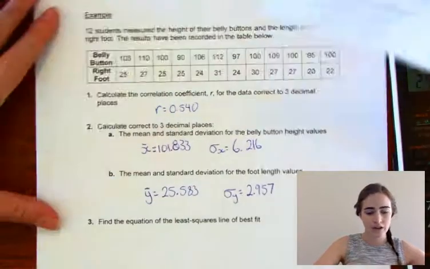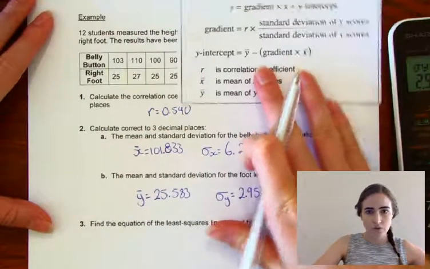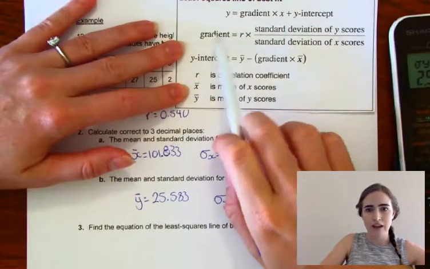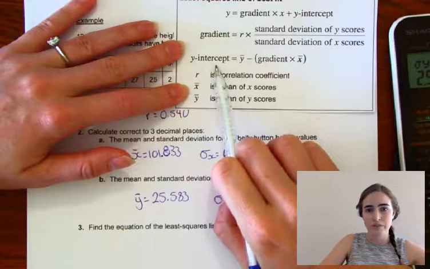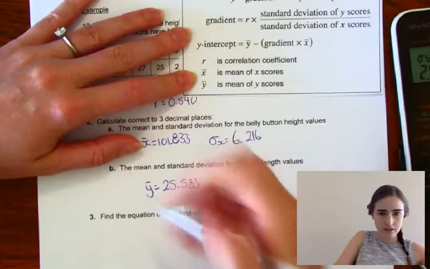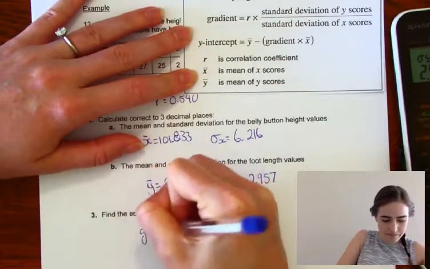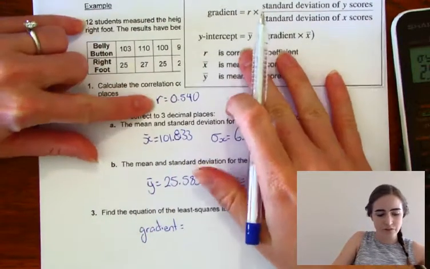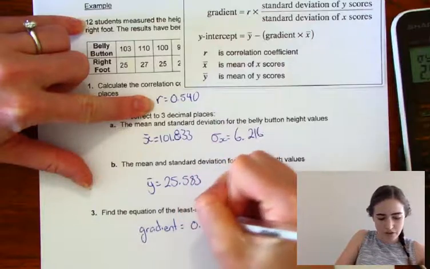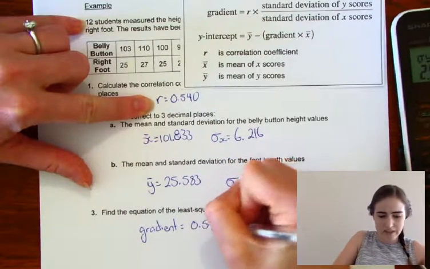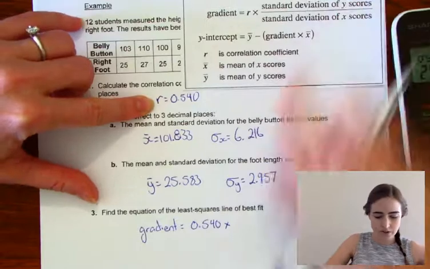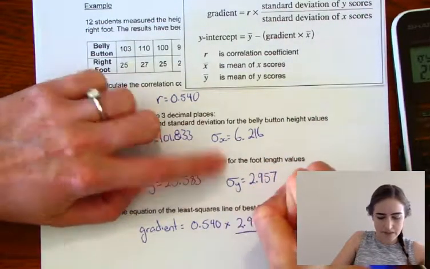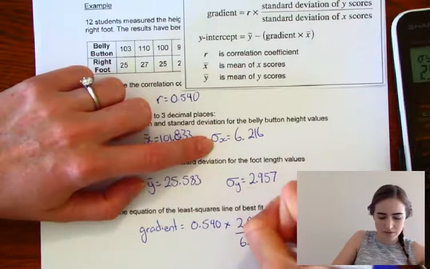Now we need to put them into our formulas. We want to eventually get to this formula up the top, but to be able to do that, we need to figure out the gradient and the y-intercept first. So let's start with the gradient. The gradient is equal to the correlation coefficient, which was 0.540, times the standard deviation of the y-scores, which was this one down here, divided by the standard deviation of the x-scores.